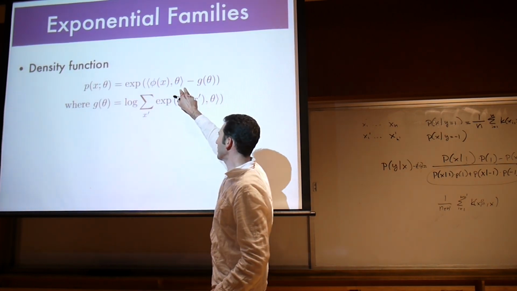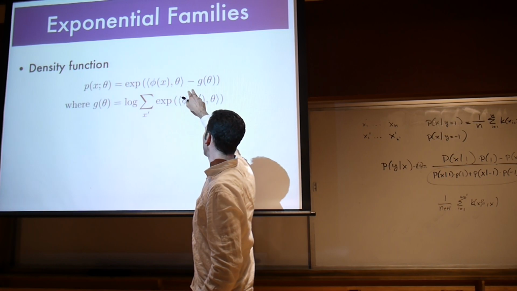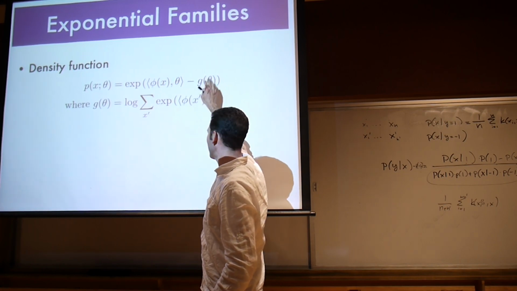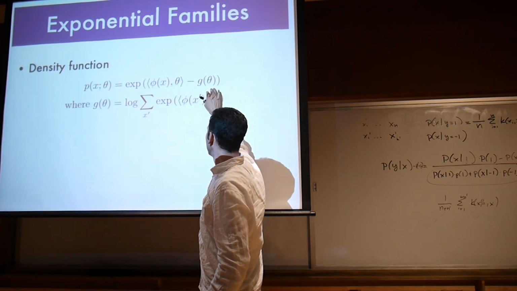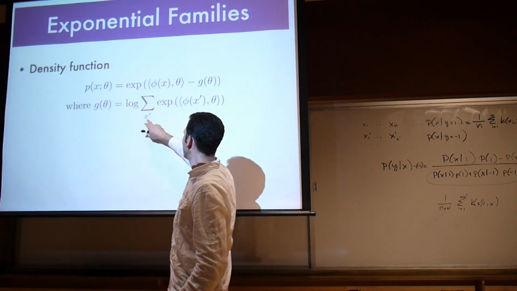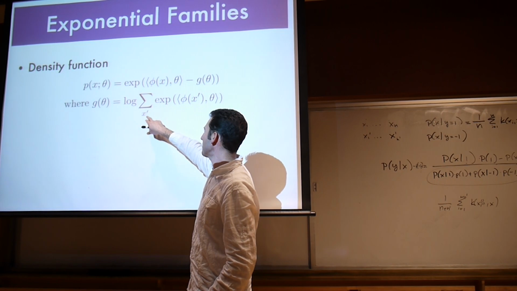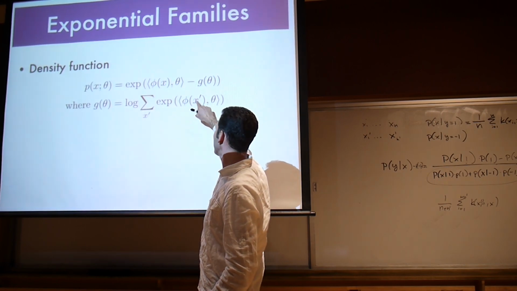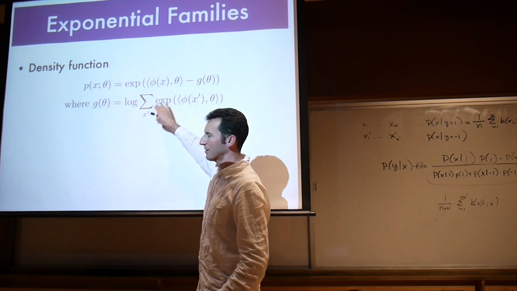In order to ensure that this is all well normalized, we need to have this g of theta, which ensures that things sum up. The condition is clearly that g of theta is just the log of, if we have a discrete domain, the sum over all the x primes, e to the phi of x prime dot theta.